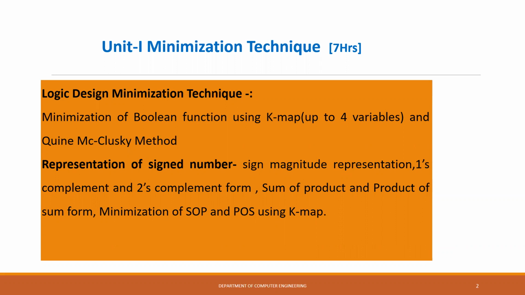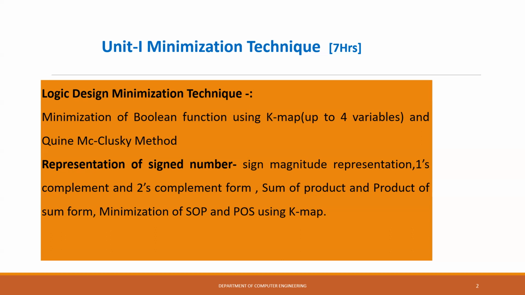After that, the next point is the representation of signed numbers with the help of sign magnitude representation, by using 1's complement and by using 2's complement forms. Then the third point we will discuss is the sum of product and product of sum forms. These are also the standard minimization techniques.